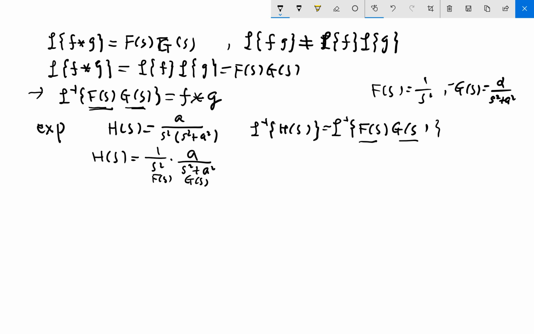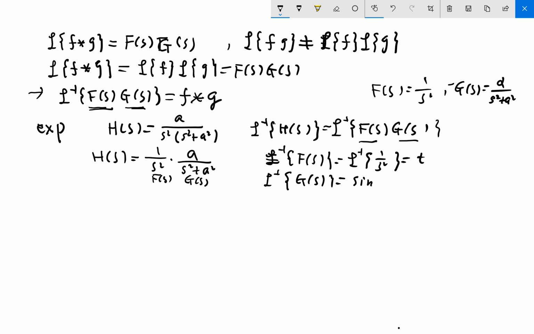Obviously, the inverse Laplace transform of capital F(s), which is 1 over s squared, is t. And the inverse Laplace transform of capital G(s) is sine at.